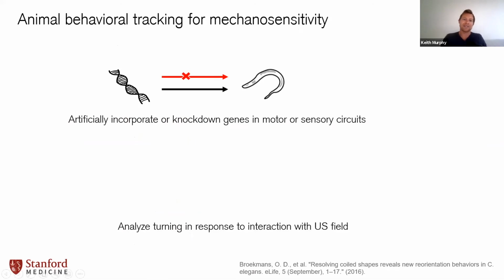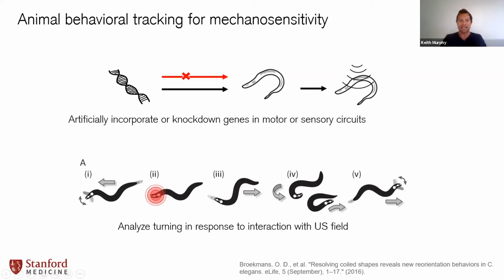Another way to identify whether a channel is actually mechanosensitive is to use some genetic perturbation and knock it out in a simple organism or an animal model. So here we're looking at C. elegans. It's a worm model. And you might knock out a gene and then deliver some mechanical force. And then you can ask, does the animal notice a mechanical stimulus anymore?